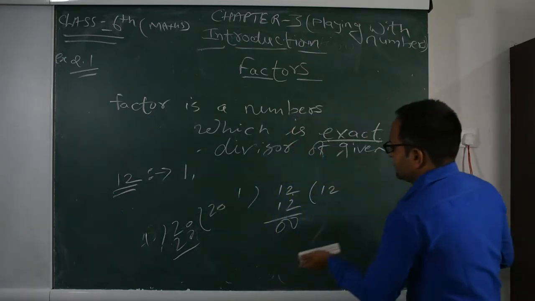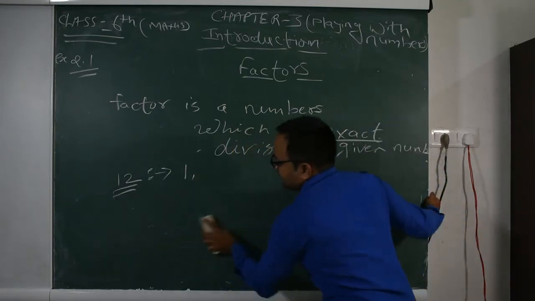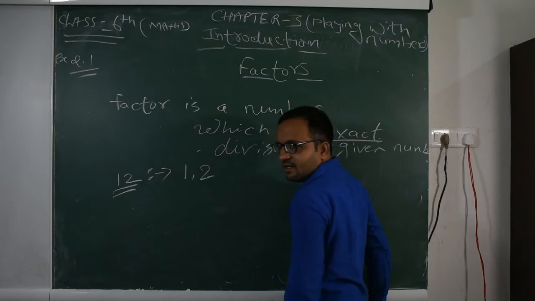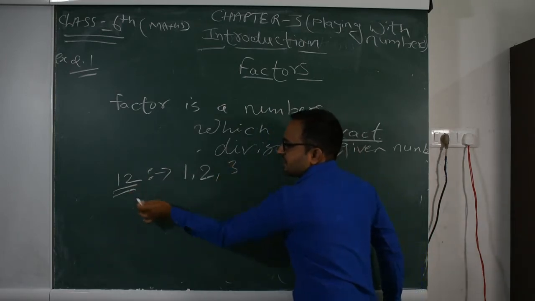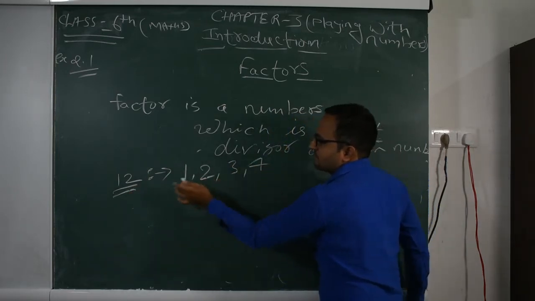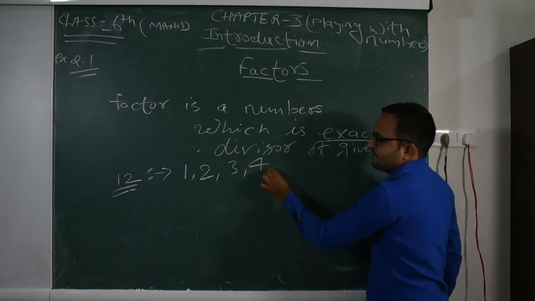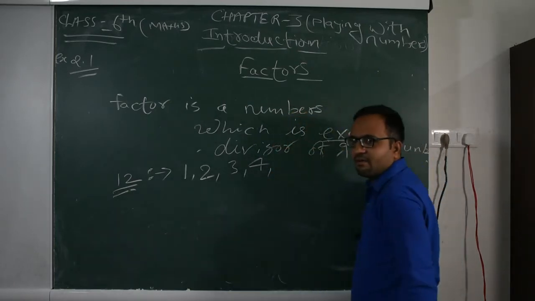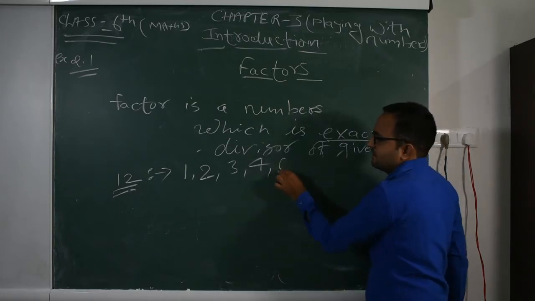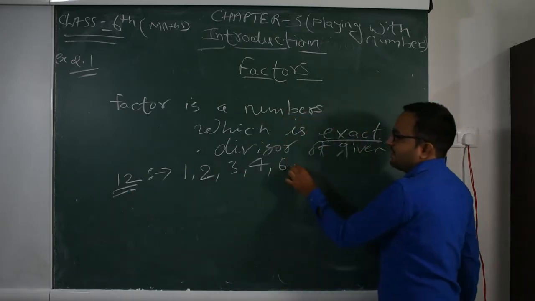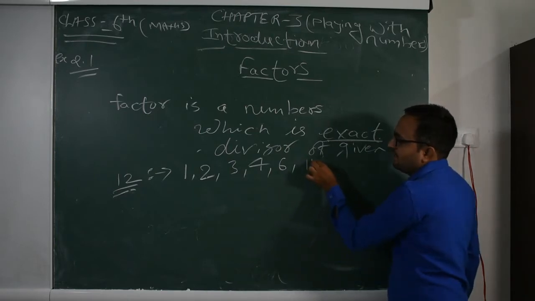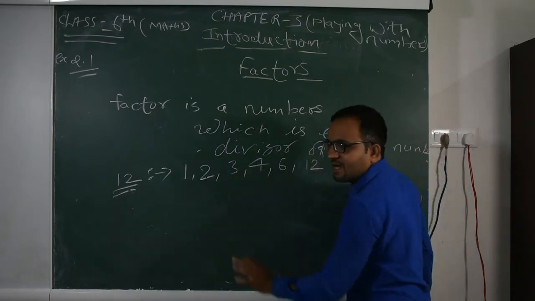Then 2 sixes are 12, 3 fours are 12, 4 threes are 12. 5 no, because 12 is not available in the table of 5. 6 twos are 12. 7 no, 8 no, 10 no, only 12. So 12 ones are 12.